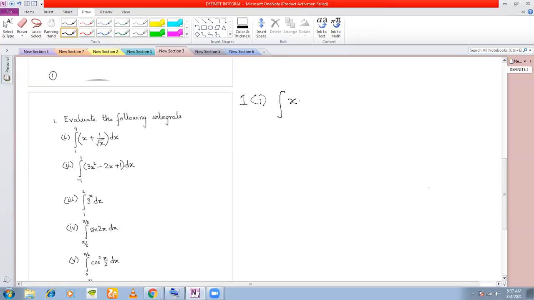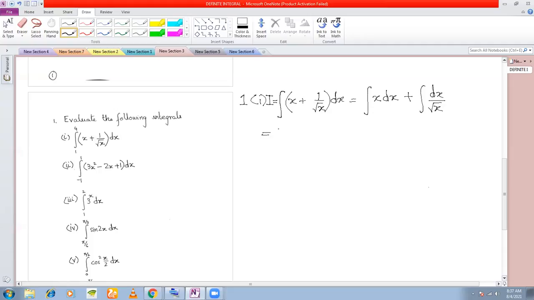Consider this as I, equal to integral of x plus 1 by root x dx. You simply separate: integral x dx plus integral dx by root x.